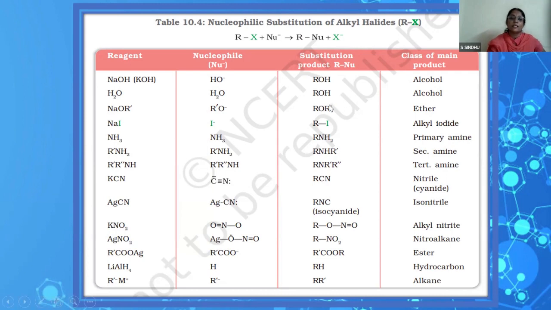It's the basic thing here. It can be converted to alcohols, it can be converted to ethers. Then halogen exchange, which we discussed the other day, iodo and fluoroalkanes being formed. Then converting haloalkane to amines and all the derivatives of amine, primary, secondary, tertiary, converting into nitrile and isonitrile.